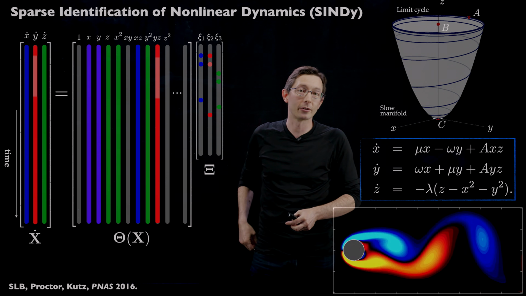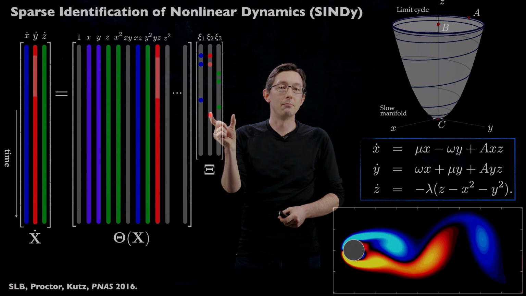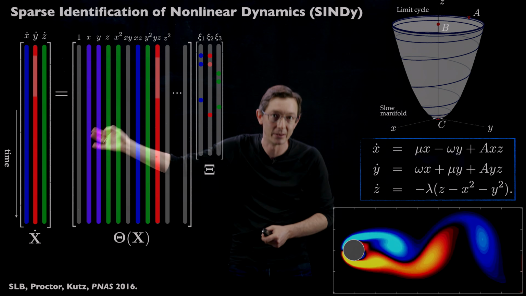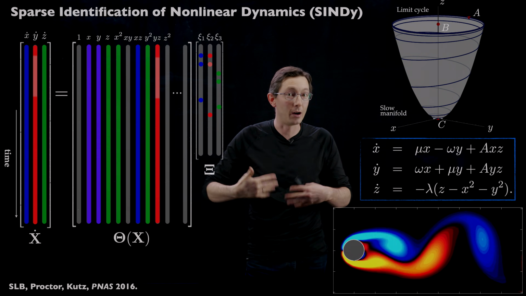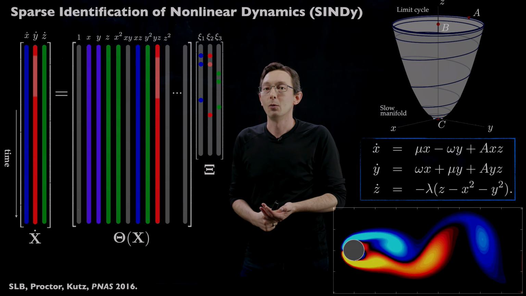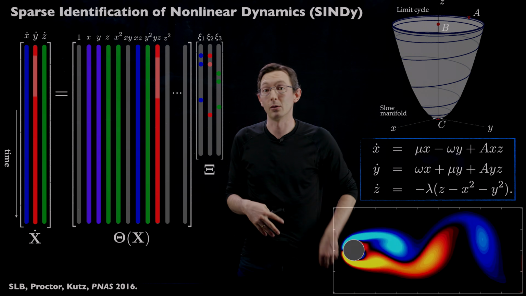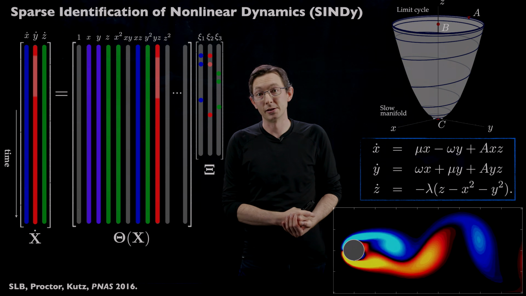And by doing this sparse regression, we call this the sparse identification of nonlinear dynamics, you get a model that has only the active terms that are needed to describe the data. So it remains interpretable and generalizable, which is what we want for machine learning models, especially for engineering systems where you might need to generalize to new scenarios you haven't seen before, or where you might need to communicate or explain the model and control decisions you're making.